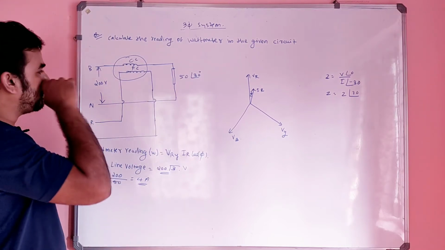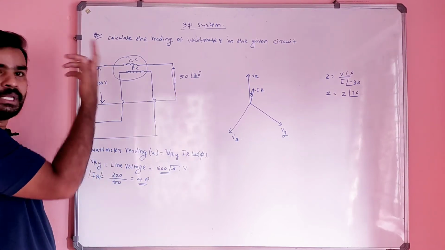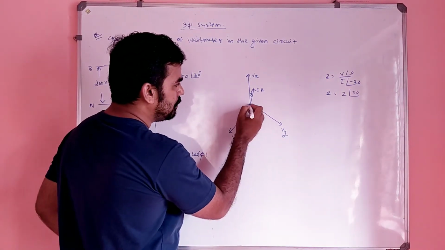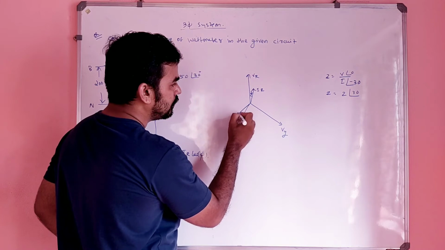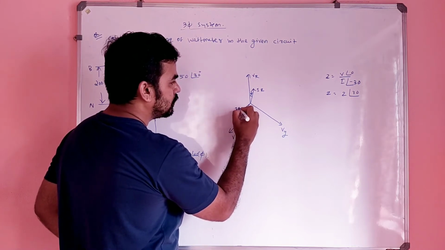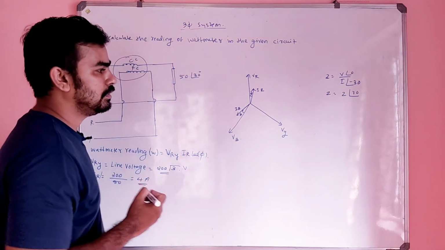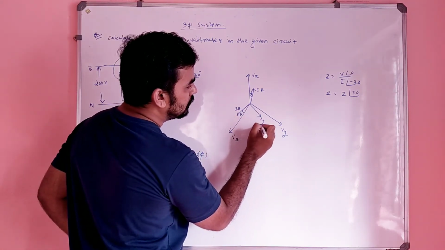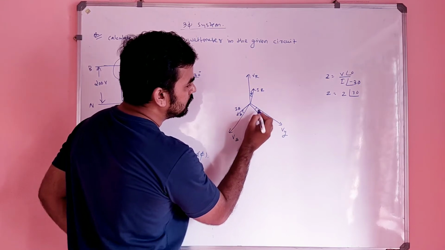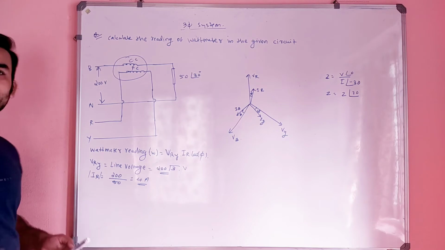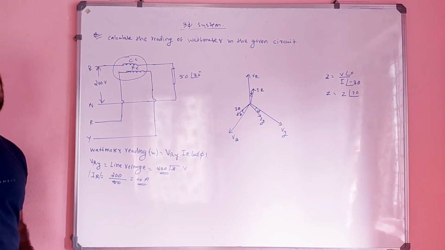Similarly, IB and IY are also 30 degree lagging. If it is a balanced supply, IR, IY, IB all will be lagging behind the voltage by some angle.